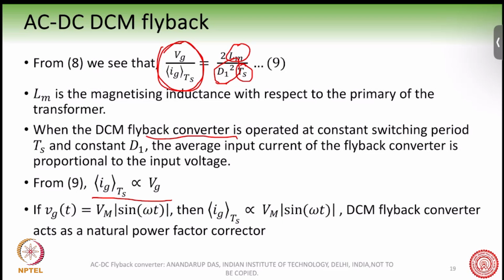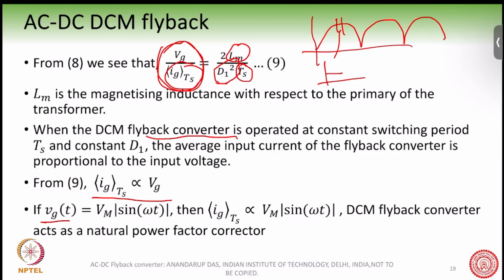Remember Vg has this waveform, but in a switching cycle, Vg is just a constant value. And IG in that switching period is just following the Vg waveform with a proportionality factor.